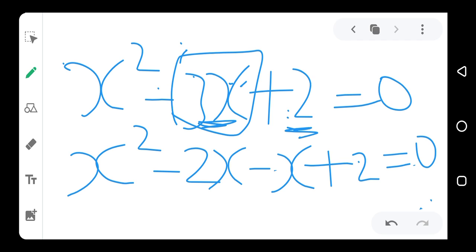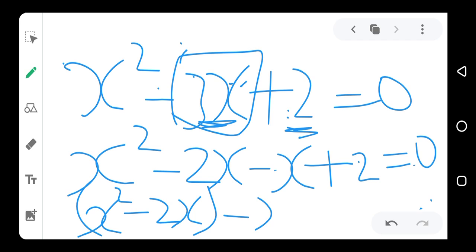Now we collect or factorize further. We can rearrange it to have like terms together.